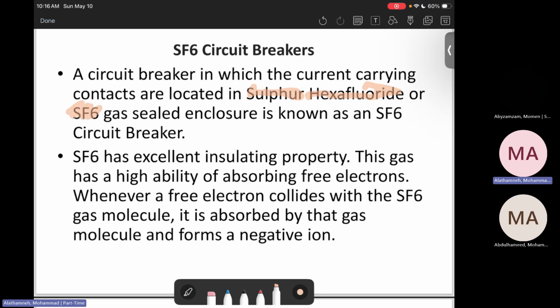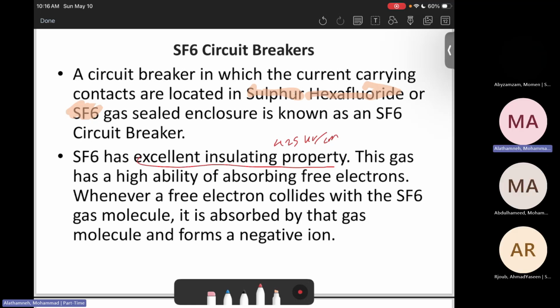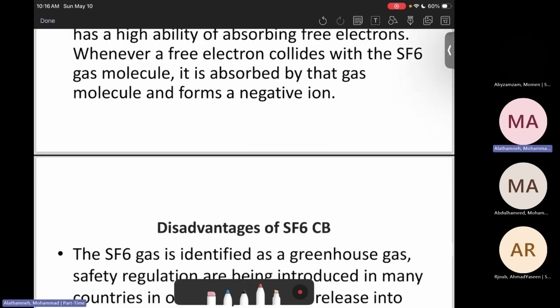SF6 has excellent insulation properties, where, as we mentioned earlier, it used to be 425 kilovolts per centimeter. This gas has a high ability of absorbing free electrons. Whenever a free electron collides with the SF6 gas molecules, it is absorbed by that gas and forms a negative ion. That's something that we can have.